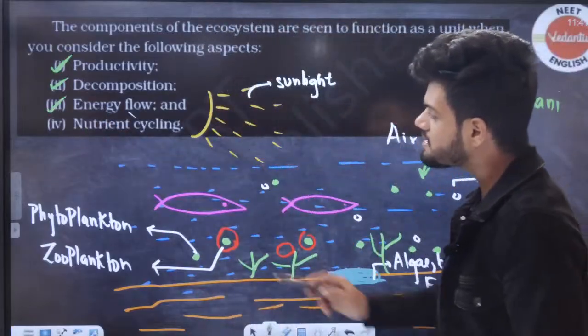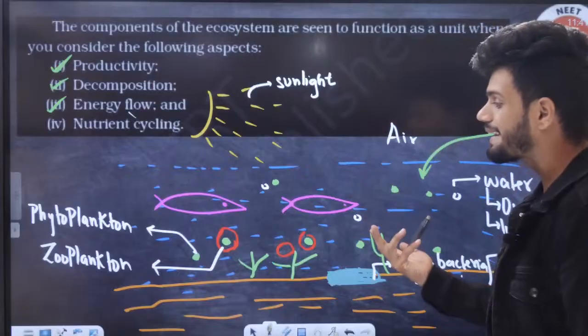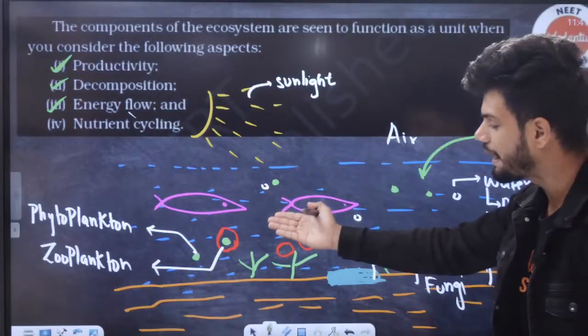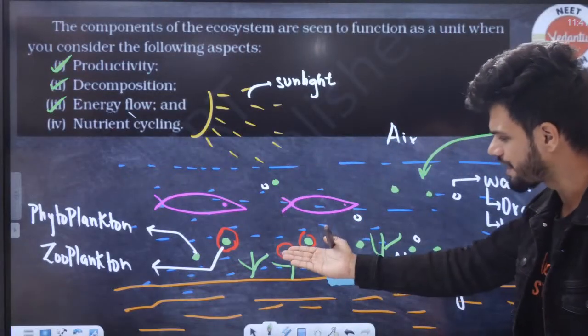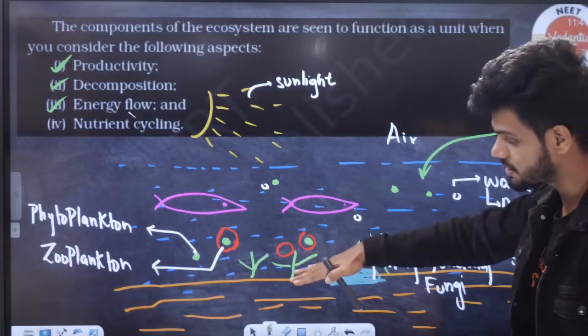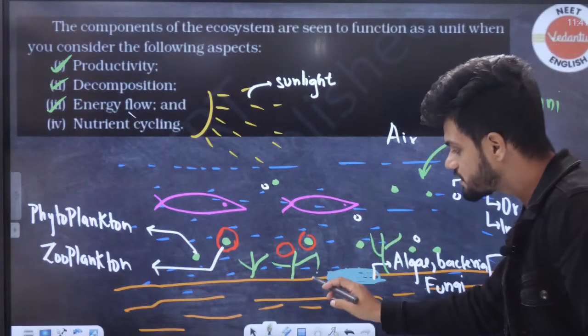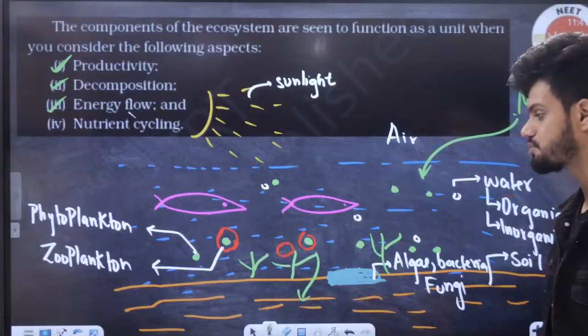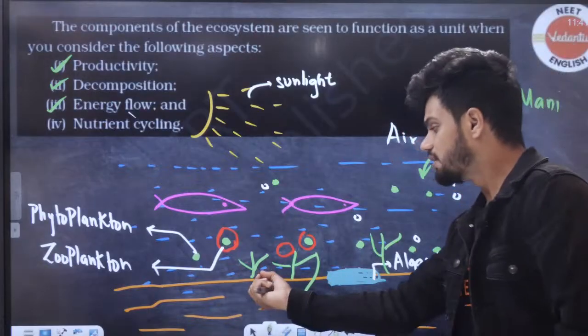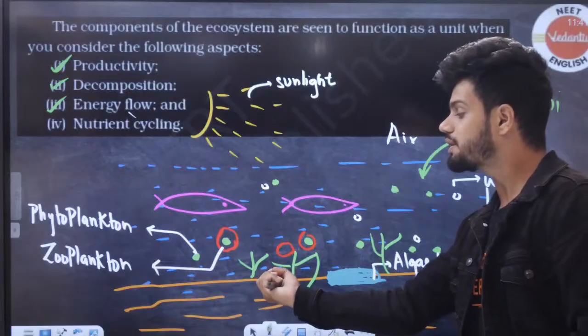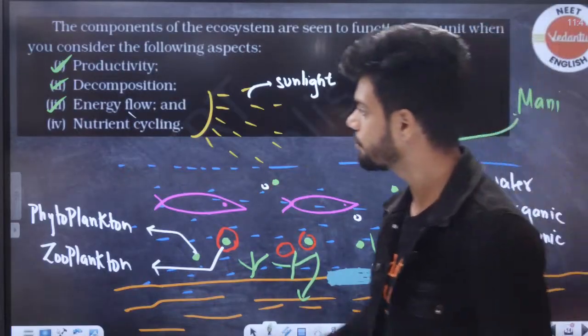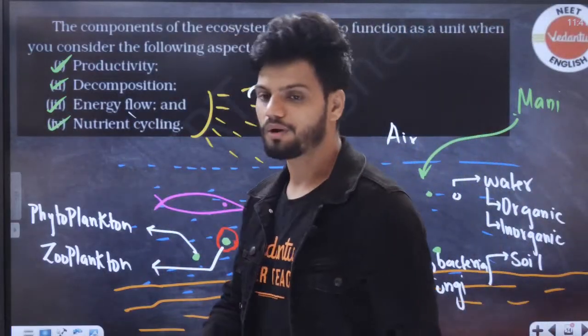The last thing is called nutrient cycling. What is nutrient cycling? When the fishes, zooplanktons, phytoplanktons, submerged plants, when everything dies, what happens? All the nutrients are sent back to the soil. And from the soil, again, your plants are taking up the nutrition and they are growing. So nutrient cycling is also happening.